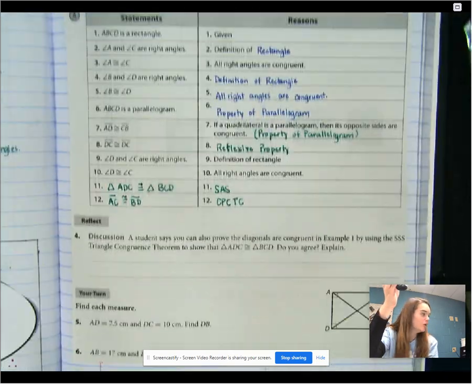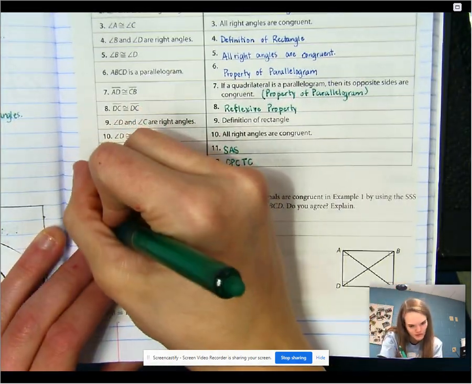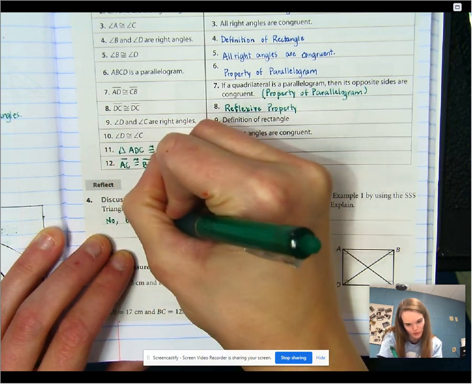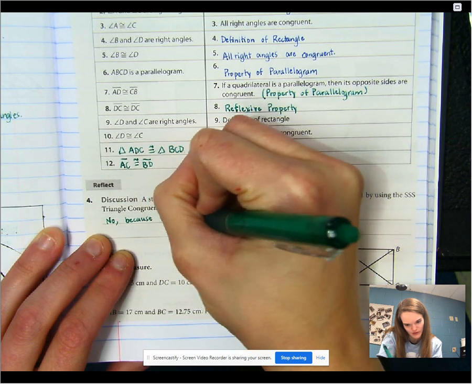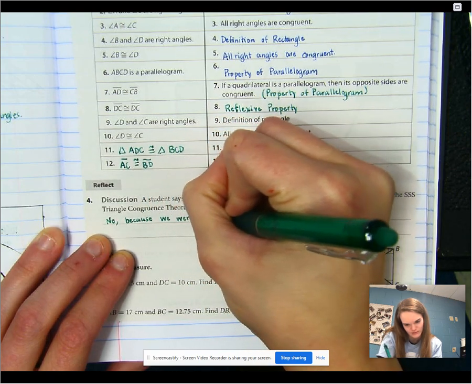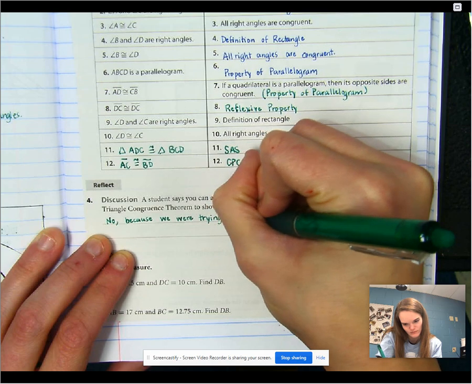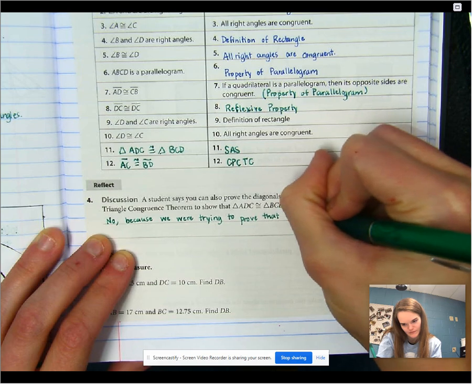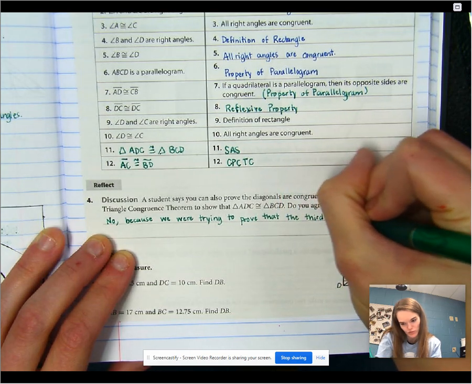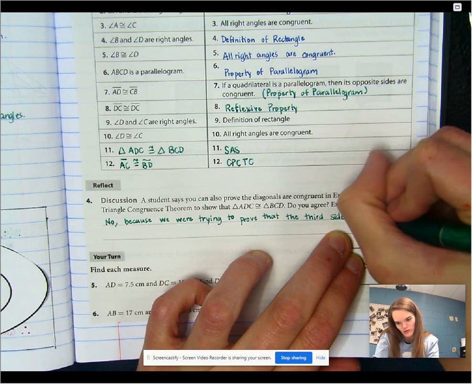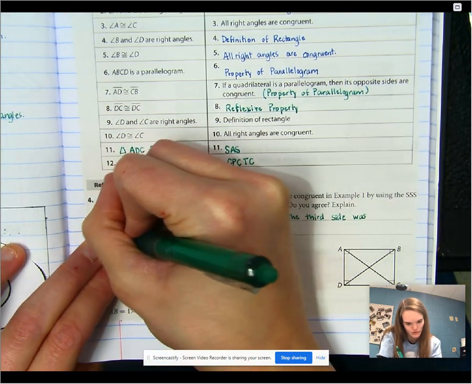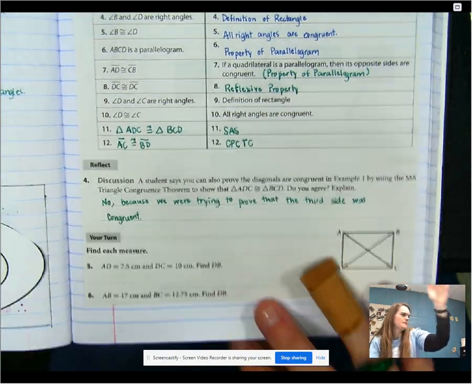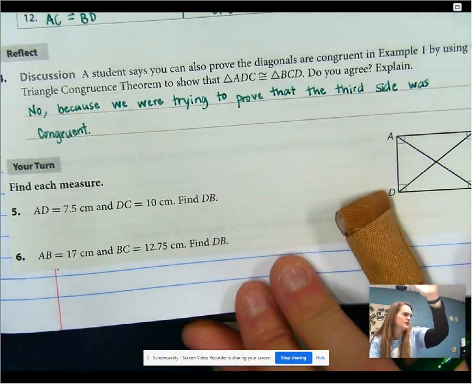So the answer is no, because we were trying to prove that the third side was congruent. So we couldn't use it. You cannot use what you're trying to prove in the proof. It's like using the word in the definition. Okay, zoom in so you can see that, and then we're going to do 5 and 6.